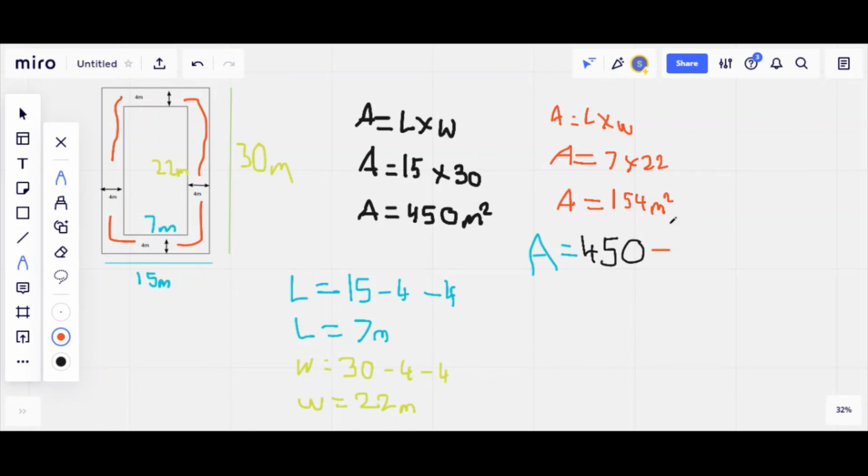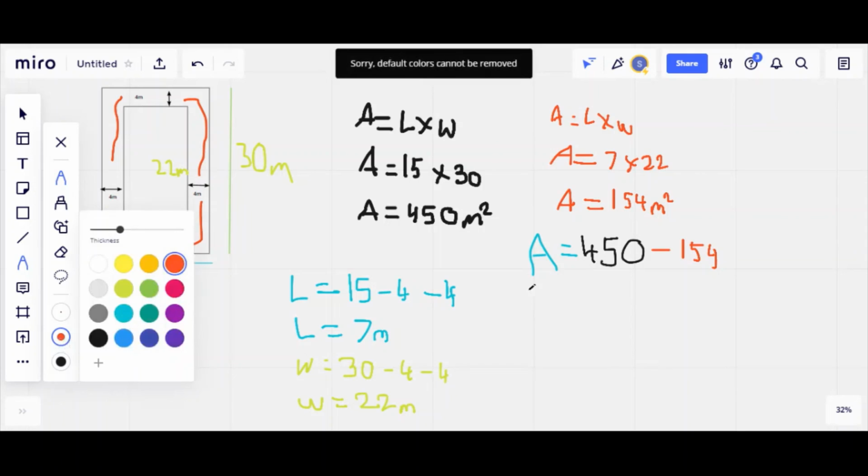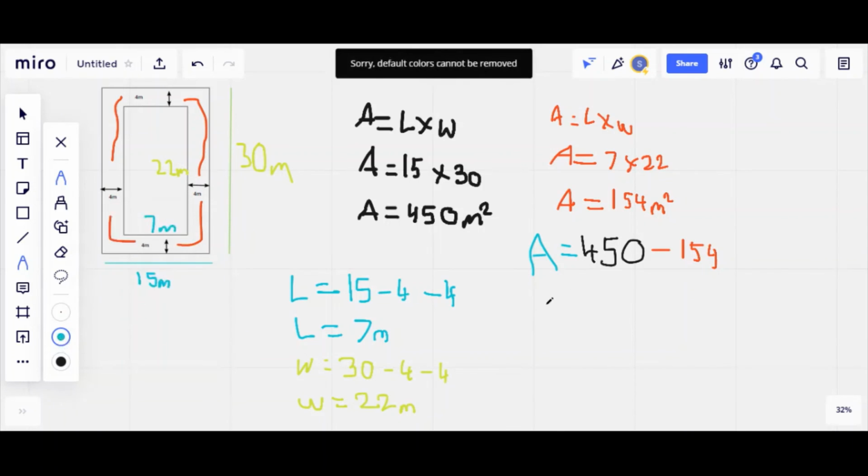And we'll subtract 154. So our total area of that border section will be A is equal to 296 meters squared.